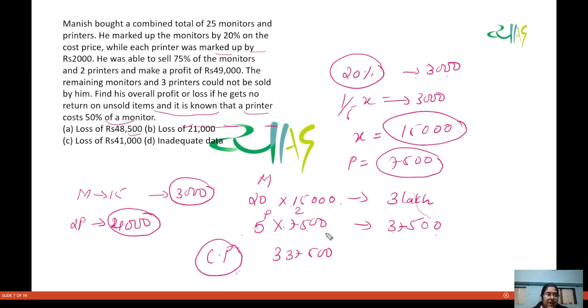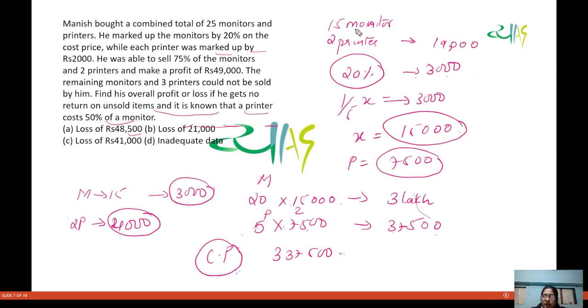Fine. This is the cost price he has, and now how much is he selling for? He is selling 15 monitors and two printers. So how much money is he bringing back? For two printers, 15,000 rupees plus 4,000, that is 19,000 rupees he is bringing back.